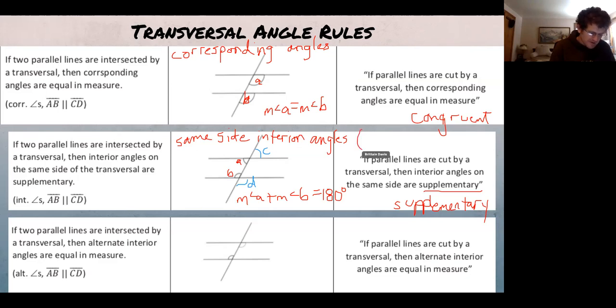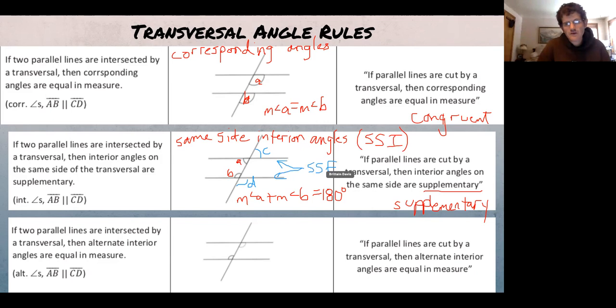So I would call this SSI. That makes my life a lot easier if I refer to same side interior as SSI. And it makes my life a lot easier if I refer to these guys as same side exterior, or SSE. And I know that the rule doesn't change for exterior angles. The measure of angle C plus the measure of angle D equals 180 degrees.